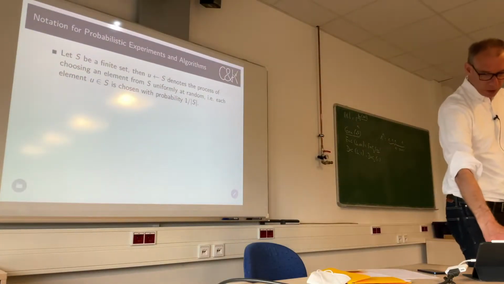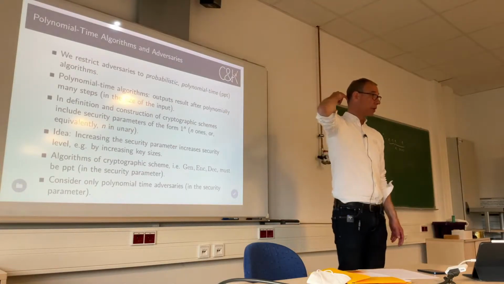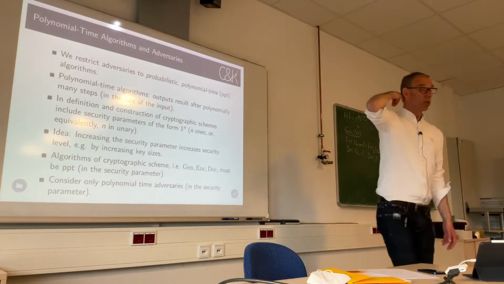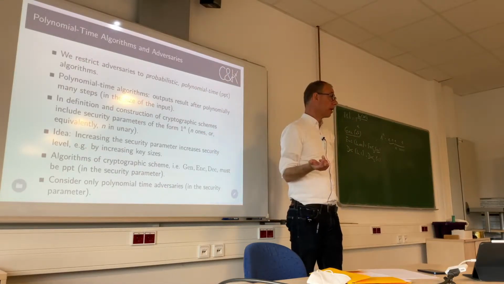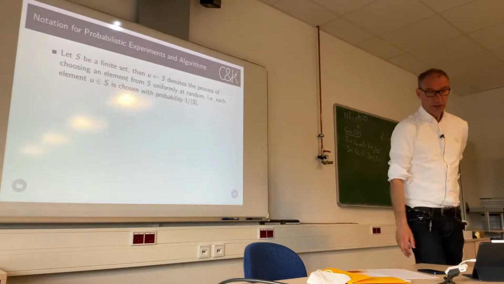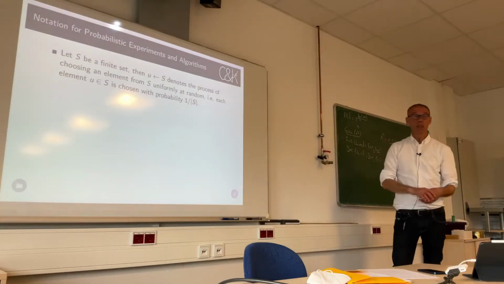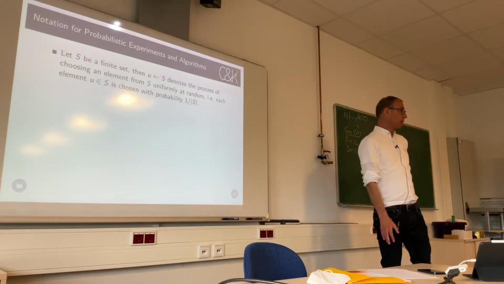Okay, but so far I talked about polynomial time adversaries. I didn't talk about probabilistic polynomial time adversaries. What is a probabilistic algorithm? Let's fix a little bit of notation and then talk about probabilistic algorithms as well.